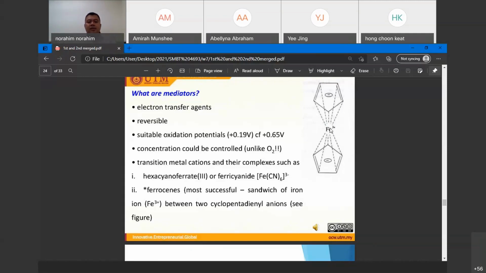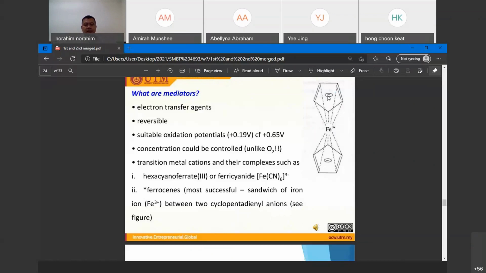In this case, we'll talk about iron. Iron can form so many complexes, such as hexacyanoferrates or ferricyanide. You can also have ferrocenes, which are the most successful sandwiches. It looks like a sandwich of iron between two anions.